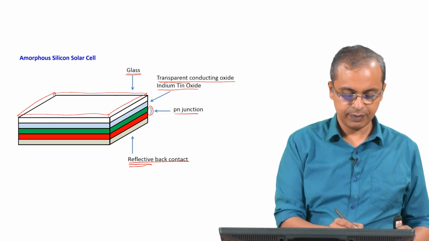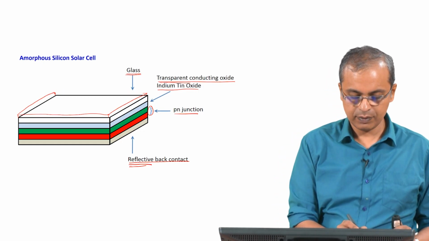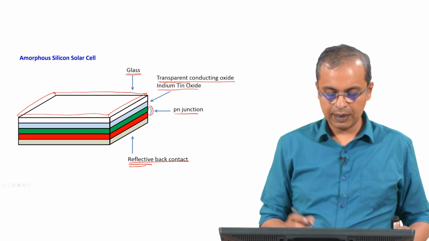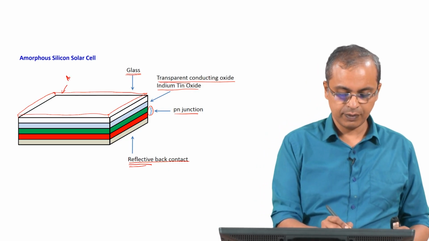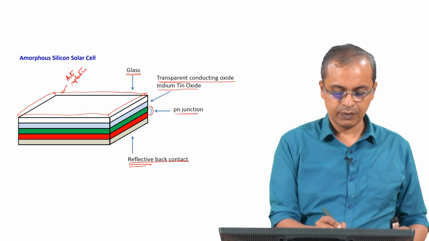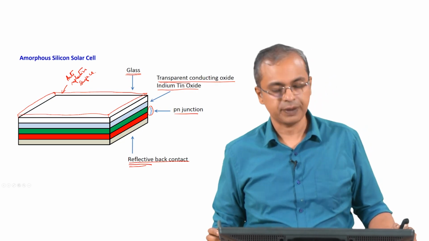So, on top of the glass this is an anti-reflective surface, or coating.